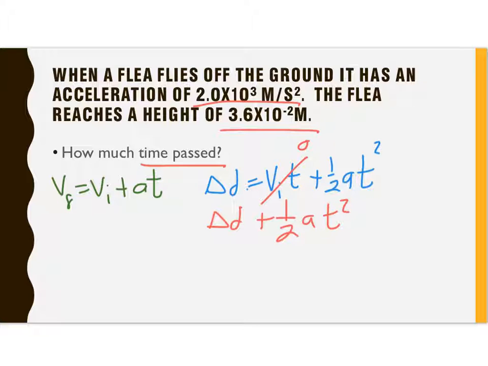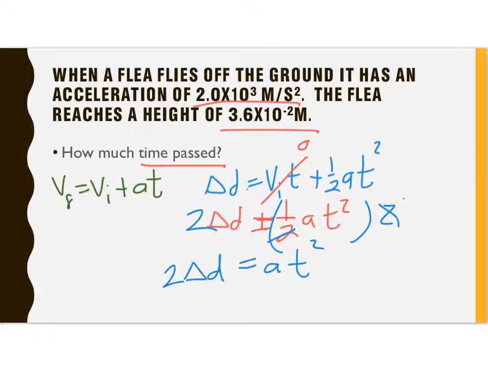So to solve this equation for time, the first thing I need is an equal sign there, not a plus sign. Then I multiply both sides by 2. That gets rid of the half on this side because 1/2 times 2 is 1, and it leaves me with 2 delta d equals a t squared.